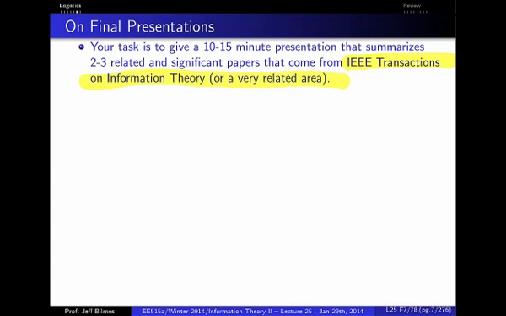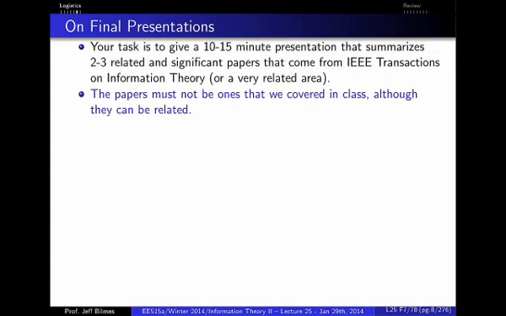It's not absolutely necessary, and I've made exceptions in the past because the papers are very related, but you should at least begin your search, because part of the task is to do a significant literature search to find papers that you may be interested in. And they have to be significant, meaning they can't be trivial papers, although, of course, there are no trivial papers in Transactions on Information Theory, right?